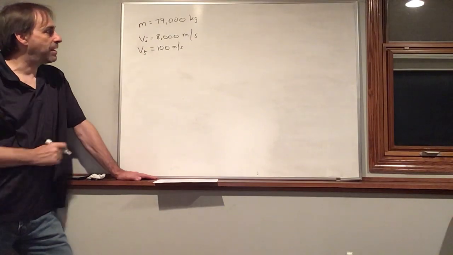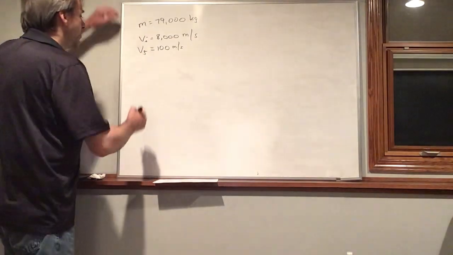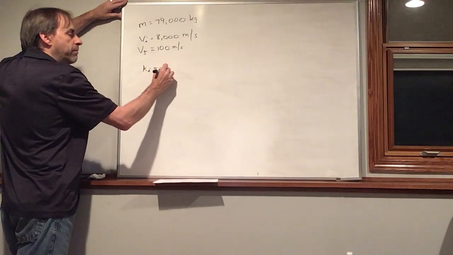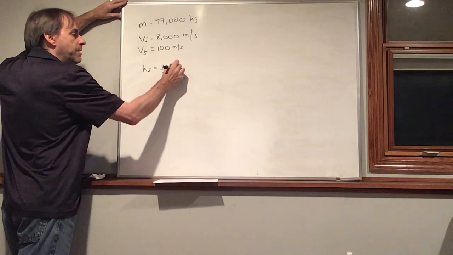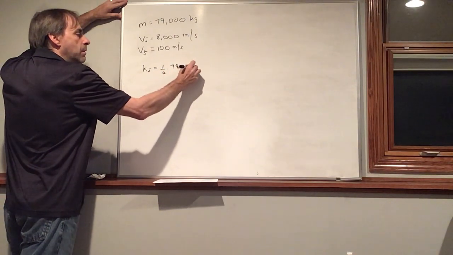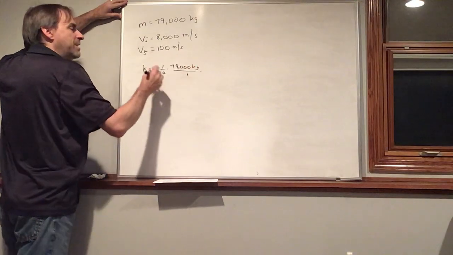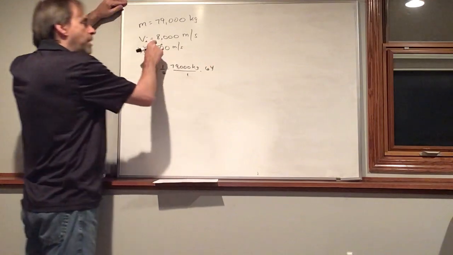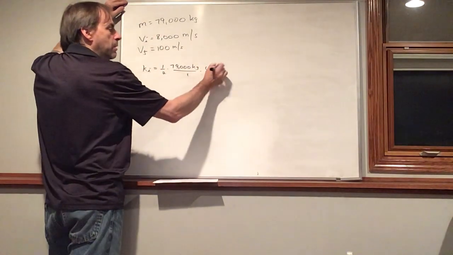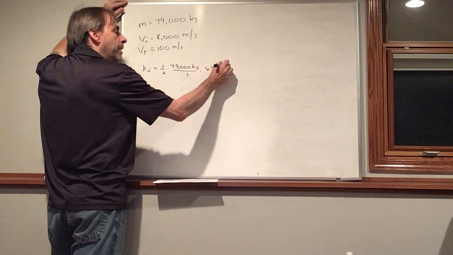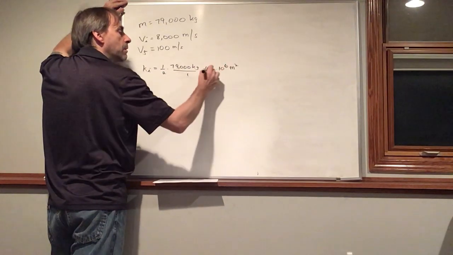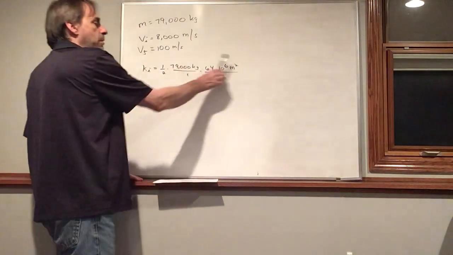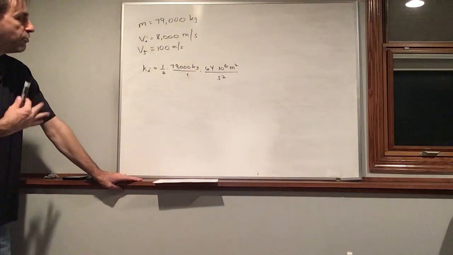So let's calculate the energy when it enters the atmosphere. K initial is 1/2 times the mass, which is 79,000, times the velocity squared. 8 squared is 64, and we have 8 times 1,000, so that's 10 to the third; when we square it, we get 10 to the 6. Unit-wise, kilogram meter squared per second squared is a joule.